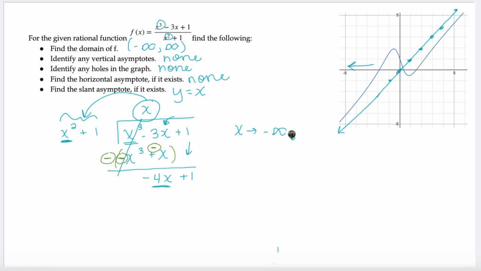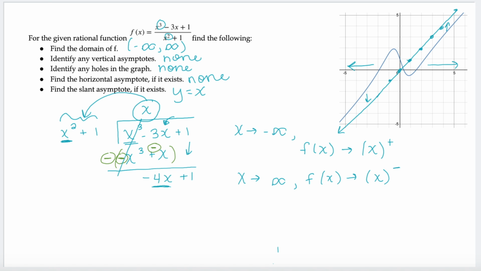When that happens, f of x, our function, is approaching the slant asymptote from the top side, and as x is approaching infinity, this time our function is approaching our slant from the bottom side of the slant. So it's approaching from the bottom here, and from the top side there.